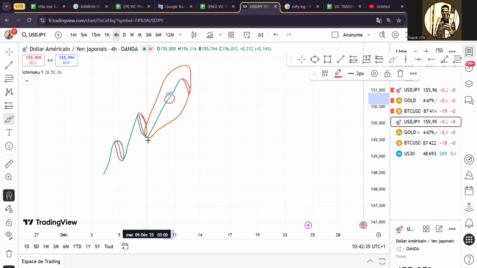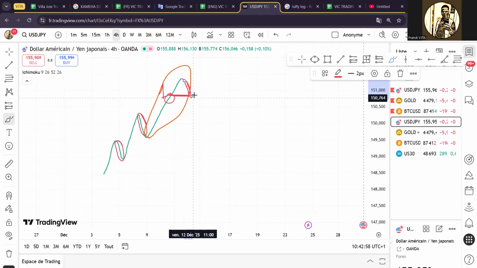Because this one was a bullish movement, a rising movement, a buy movement. So if you have a red candle, the first stage where the pullback will stop will be at the body of this candle. That will be the first stop of the pullback.